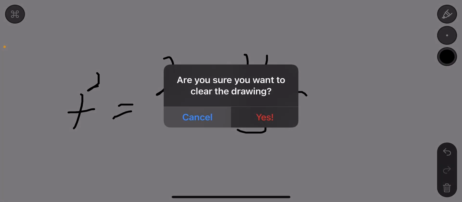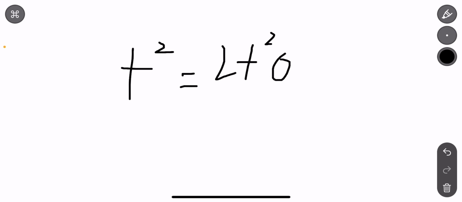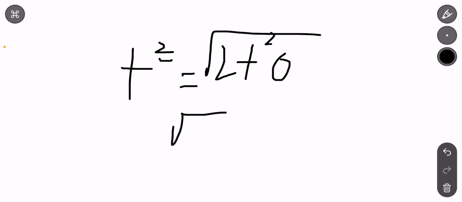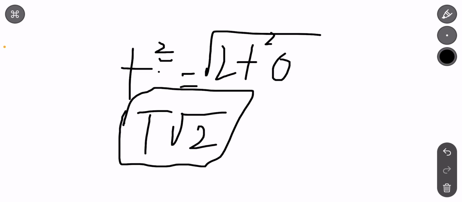Let's get 2 times 2h0, and then if we were to continue, we would have t squared equals 2 t0 squared, and then finally, when you move this over and square root this, you would just be left with t equals square root of 2 times t0. This is your final answer right here, because you would move this over to this side and square root this.